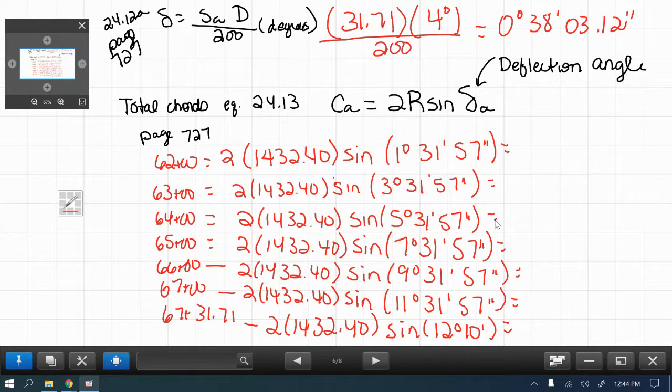It's 62.62. When I did it in the computer, it gave me 61.616. So I'm going to go ahead and put what the others are.